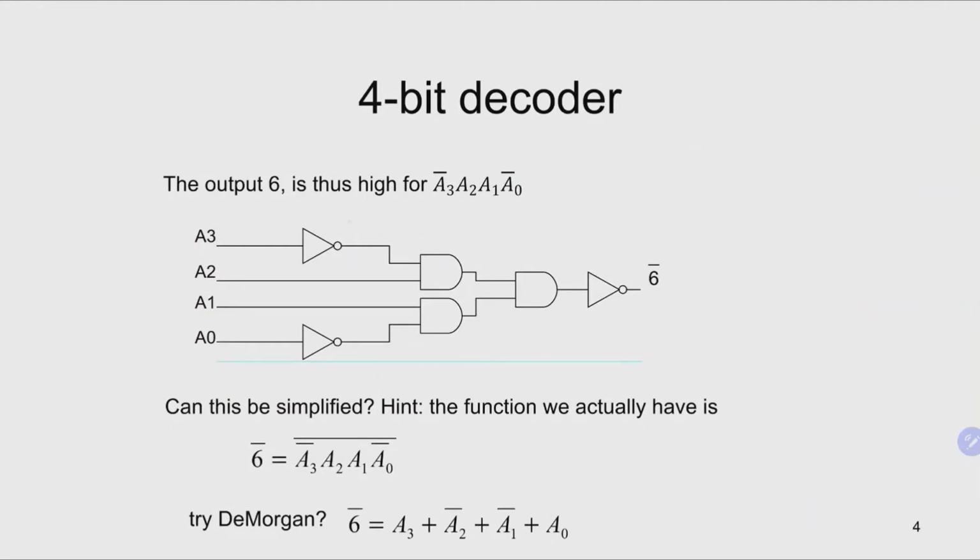So the output 6 is high when we have these products, which is A3 is 0, A2 is 1, A1 is 1, and A0 is 0.